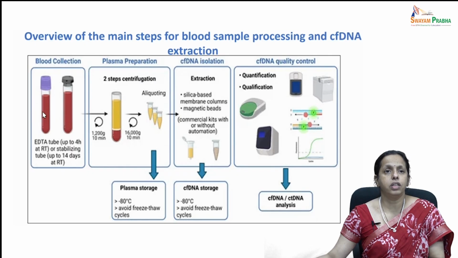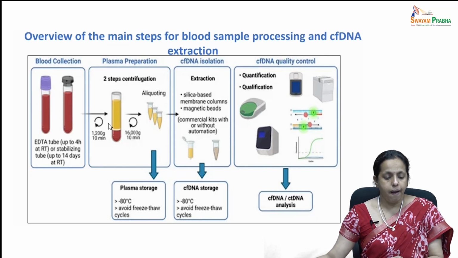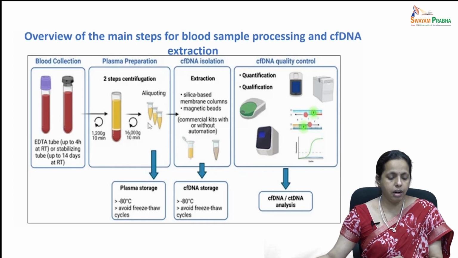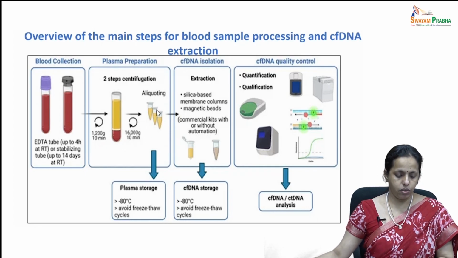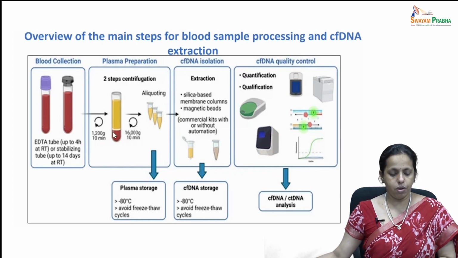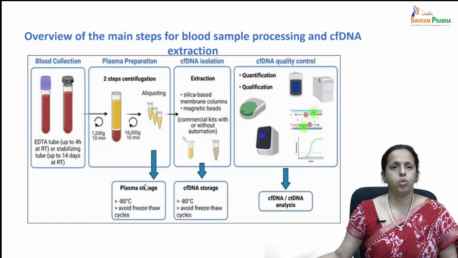You can store this blood for up to 4 hours at room temperature, and the stabilizing tubes specific for ctDNA can hold it for up to 14 days. Then centrifugation, sometimes 12,000 g for 10 minutes or 16,000 g for 10 minutes, two steps of centrifugation, and then you aliquot and store the plasma.